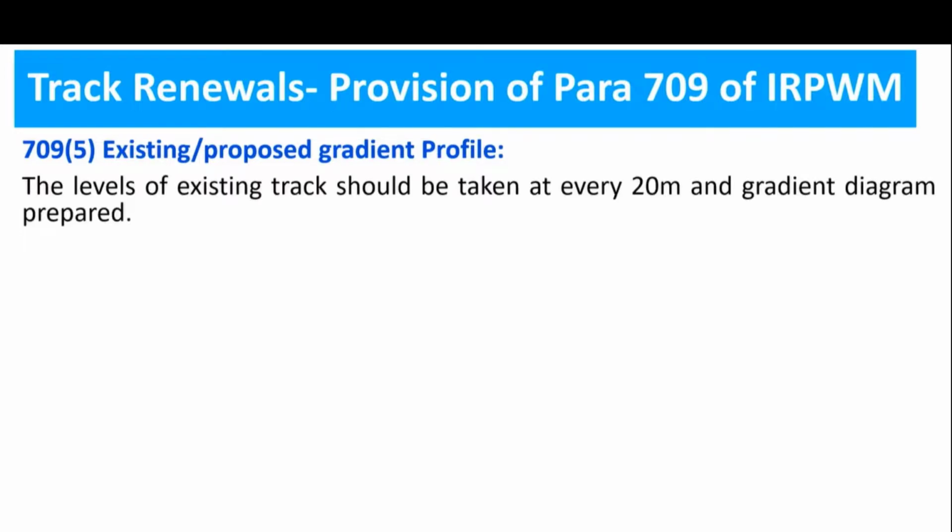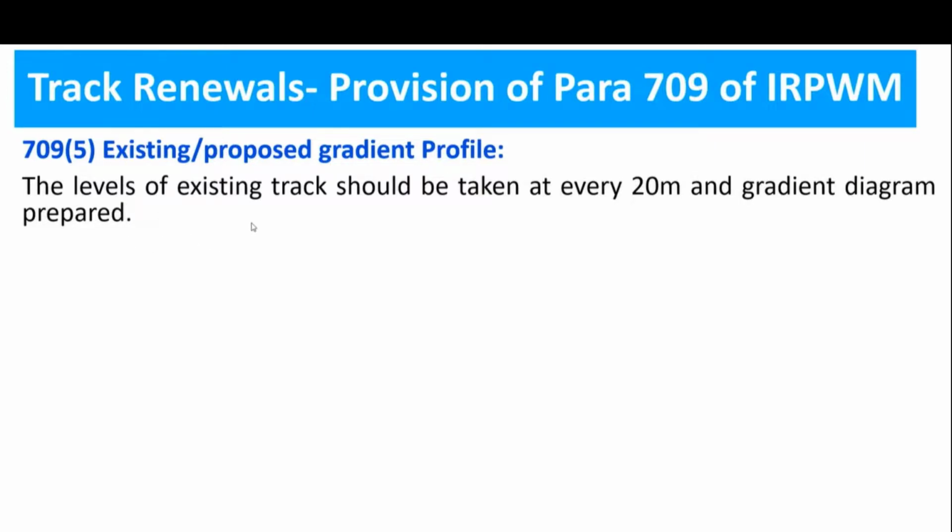The Indian Railway Permanent Way Manual mentions that for the level of existing track, when we are doing the track renewal works or the deep screening works, we are required to make a gradient profile, an L section.